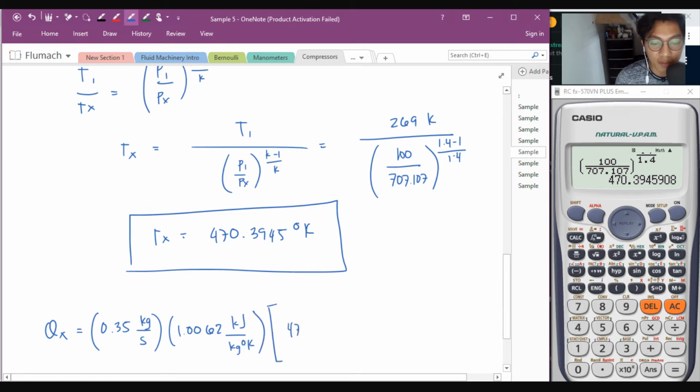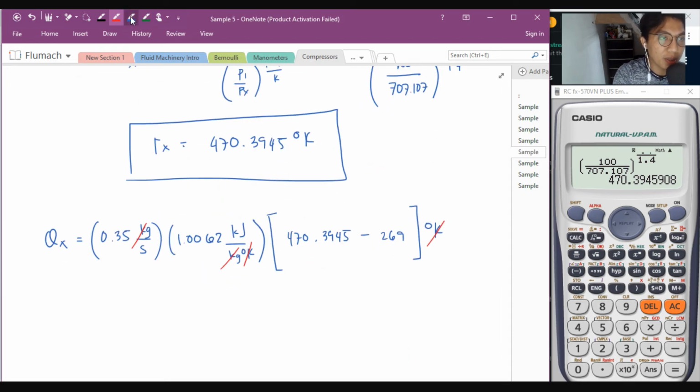So, 470.3945 minus 269 degree Kelvin. Now, we can cancel all the same units. So, yung Kelvin, kilogram, kilogram. So, kilojoule per second, that is in kilowatts.